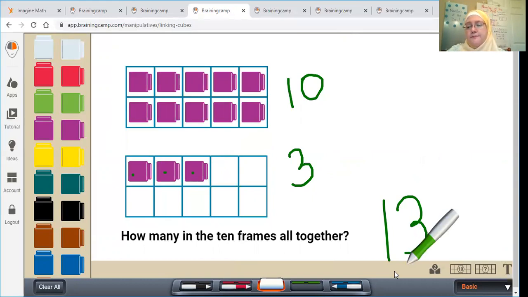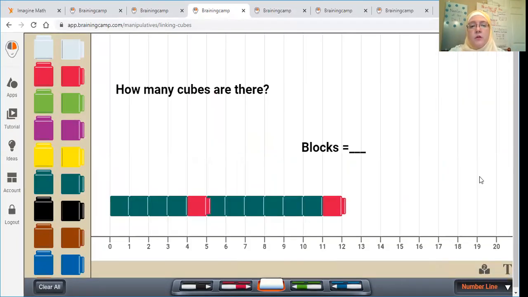Put my pen down. Let's see. Oh, there's another number line, but this time it's not just asking us with the number line with a dot. They're asking us about the cubes. How many cubes are there? So fortunately, the number line is going to help us to know, look, it started all the way at 0 and it came all the way down to 12, but we could double check, right, and count each one. 1, 2, 3, 4, 5, 6, 7, 8, 9, 10, 11, 12.